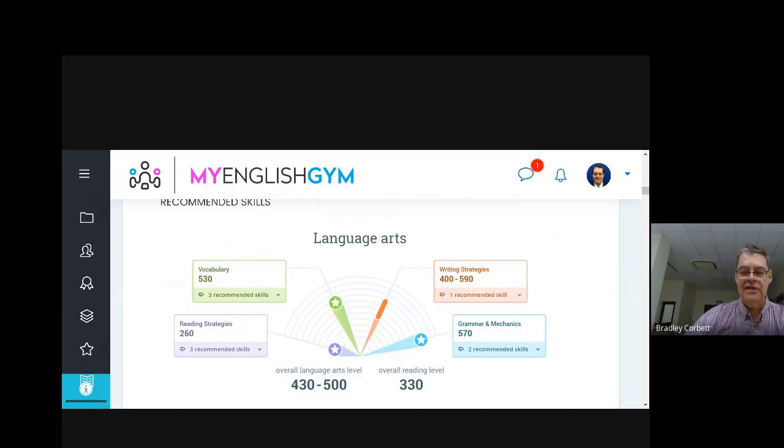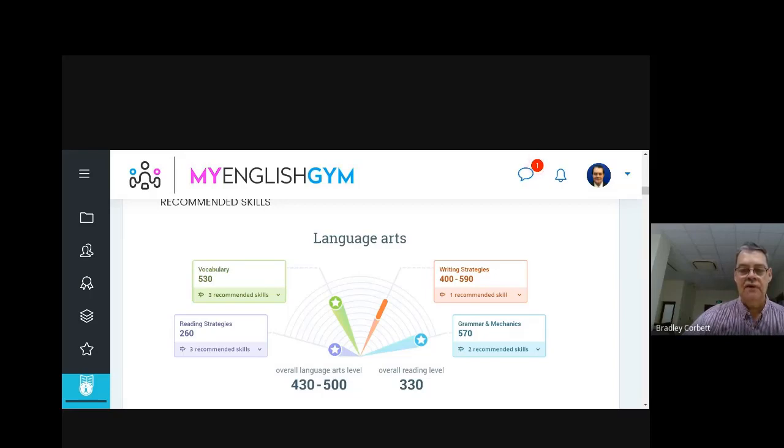So we can identify that this individual needs to practice more and develop more skills in the area of reading. This may also indicate that the student has a problem that we need to address. So we can investigate further to understand what kind of difficulties the student is having in their reading.